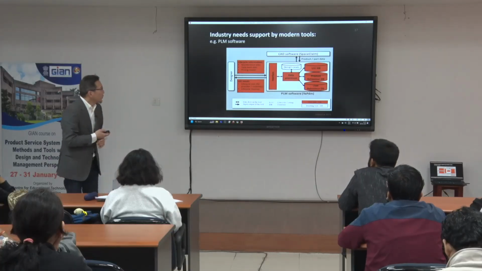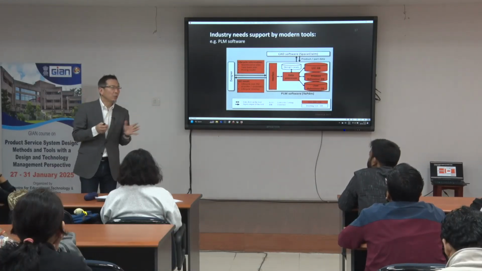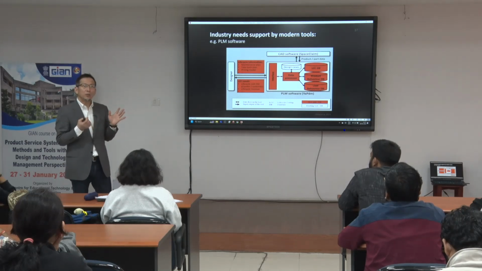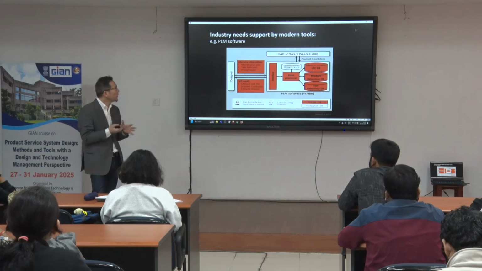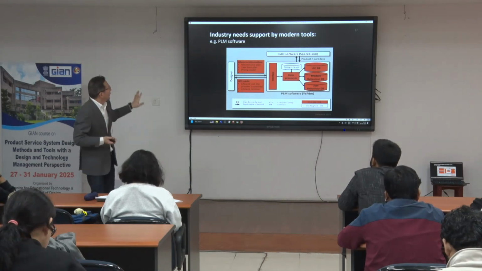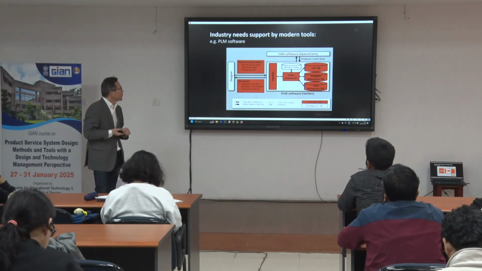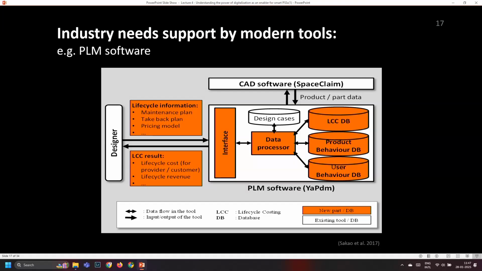Okay, good. So from now, I want to share with you some of the research and innovation projects that our team has been working on. This slide shows a sort of architecture for software aimed at supporting companies to deal with data related to the product life cycle.